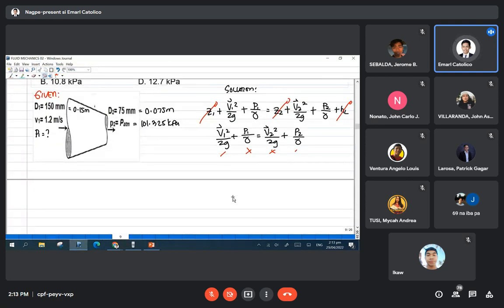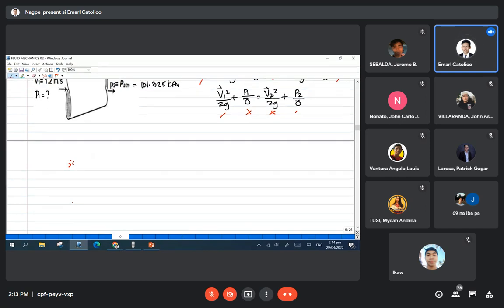Okay, so isolve muna natin si velocity 2. Solving for V2. Okay, so Q1 is equal to Q2. Area 1 times velocity 1 is equal to area 2 times velocity 2. Or pwede natin gamitin yung simplified na formula.